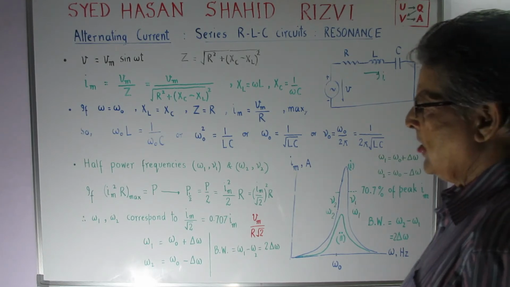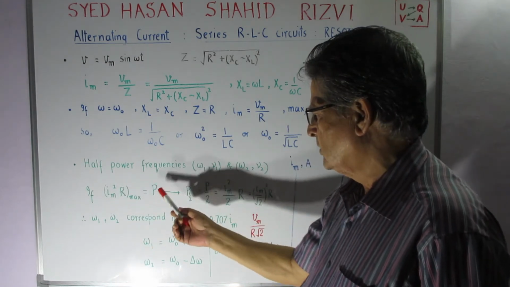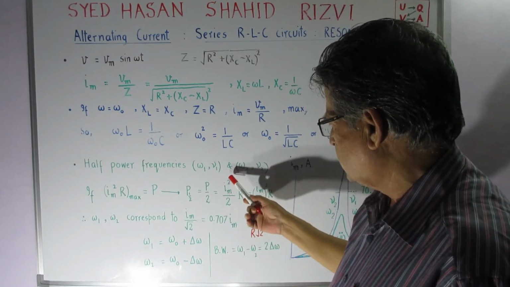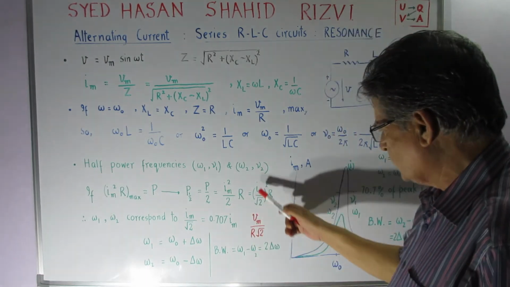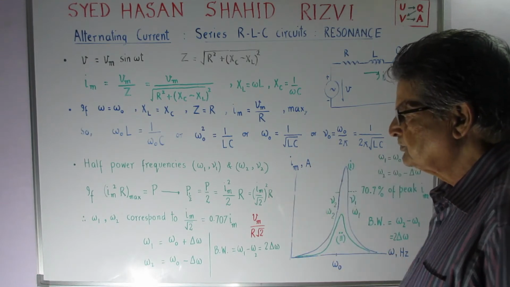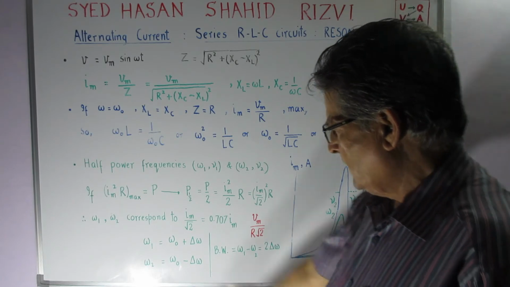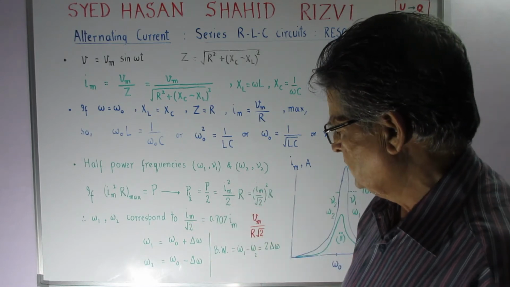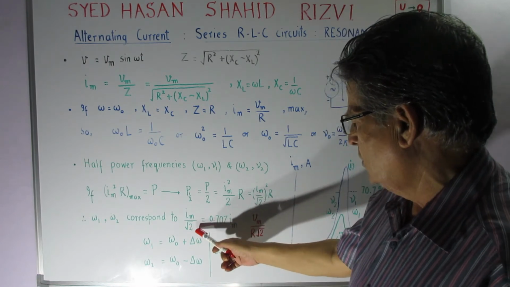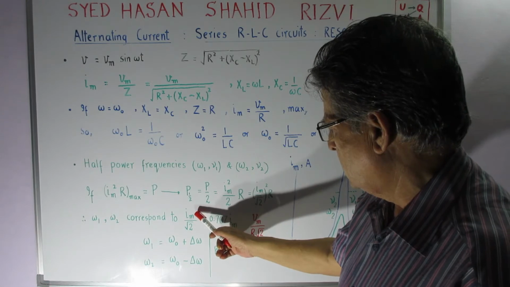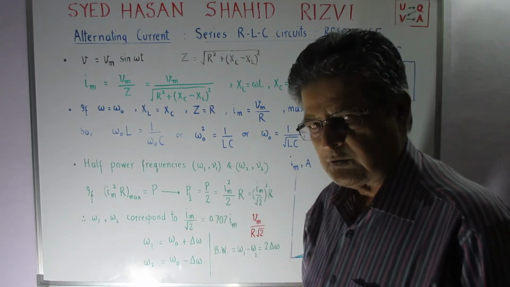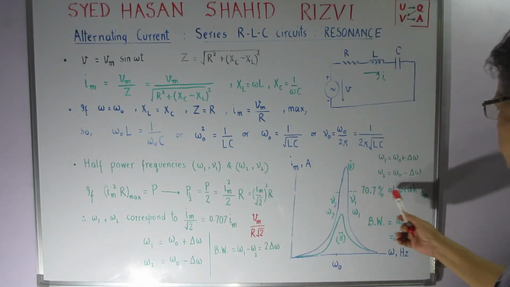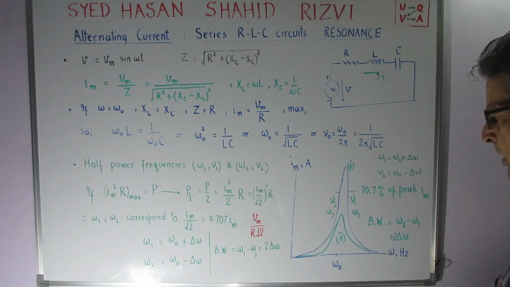Okay. Now, suppose I say that the maximum value of power is equal to P, so half power will become equal to P by 2, and I can write it as Im maximum square upon 2 R, which I can write as Im by root 2 whole square into R. So this omega 1 and omega 2 correspond to Im upon root 2, which, for reasons I have explained earlier, with root 2 multiplied in the denominator and the numerator, becomes root 2 upon 2, that is 1.414 divided by 2, which gives 0.707 Im, or 70.7% of the peak value, which is obtained over here.